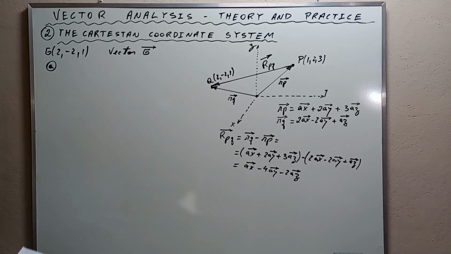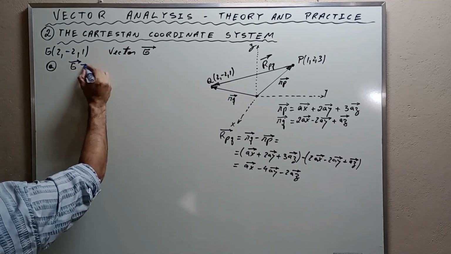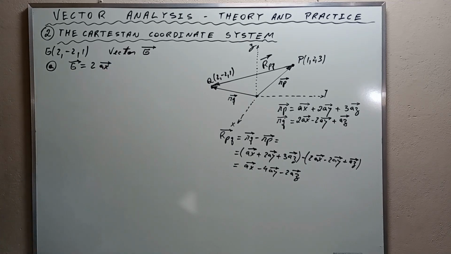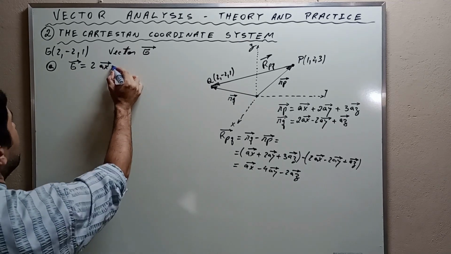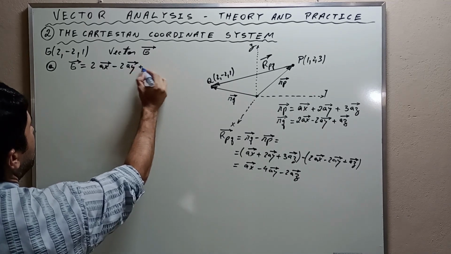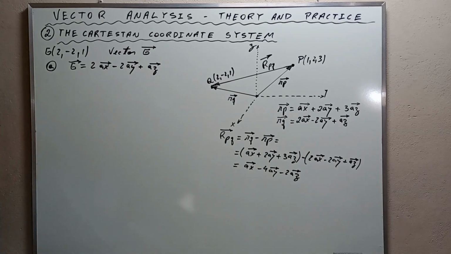Using x, y, and z components, G is expressed as 2 in the x direction minus 2 in the y direction plus 1 in the z direction. This is the first way of specifying this vector.